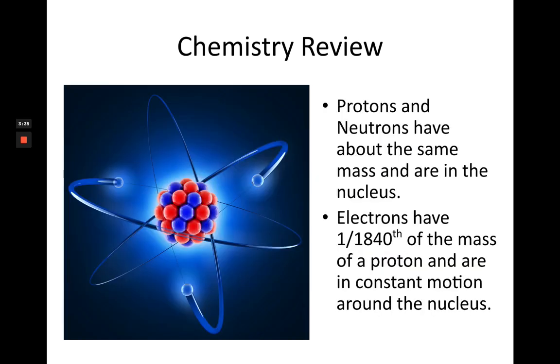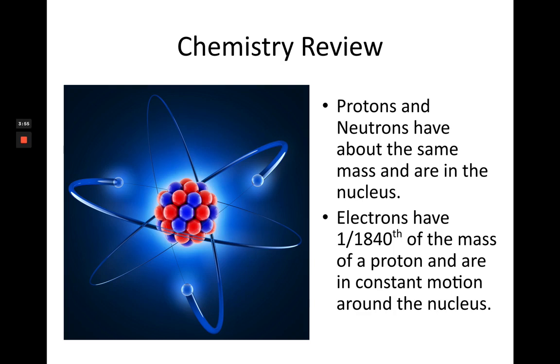Again, we're looking at the atom itself and its subatomic particles, and the 3 that are most important are the protons, neutrons, and electrons. Protons and neutrons have about the same mass, which is 1 atomic mass unit.